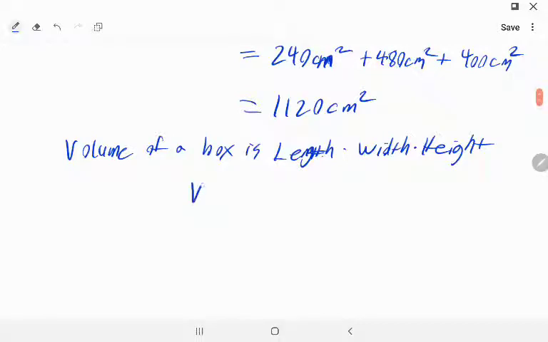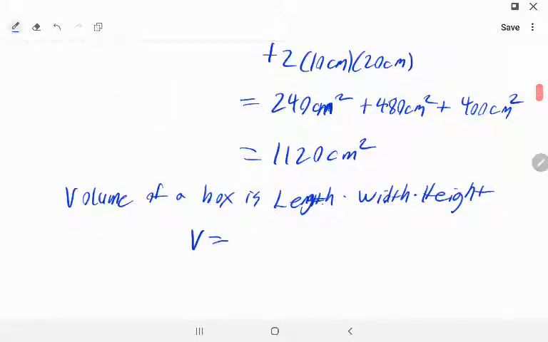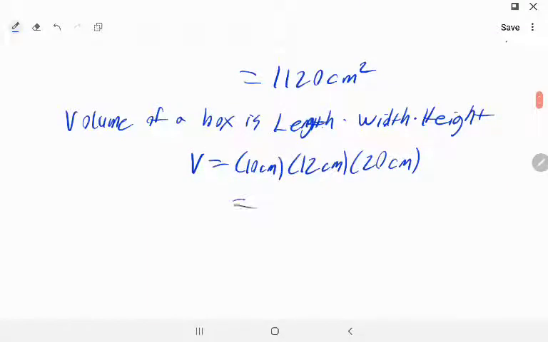For this particular box, we have 10 cm times 12 cm times 20 cm. So we're going to get 200 times 12, which is 2,400 cubic centimeters.